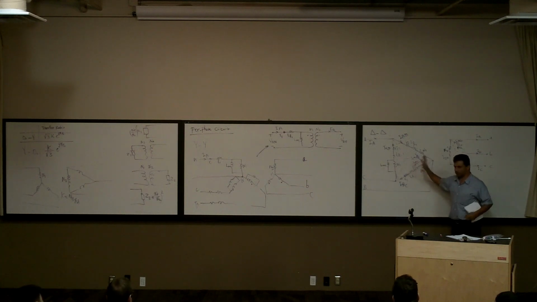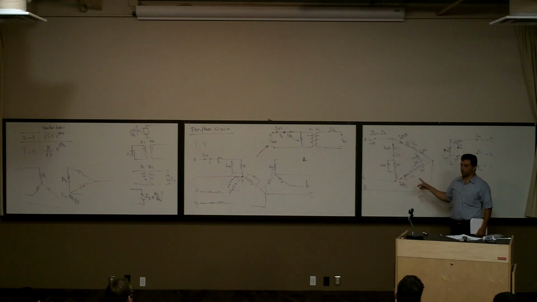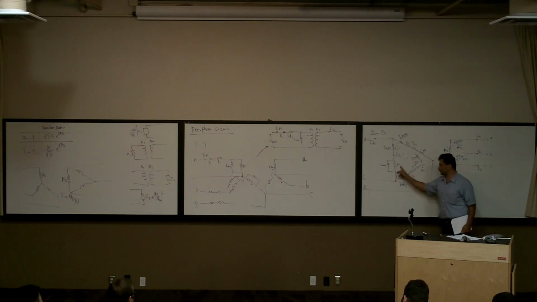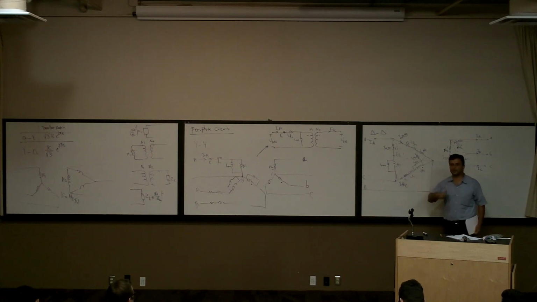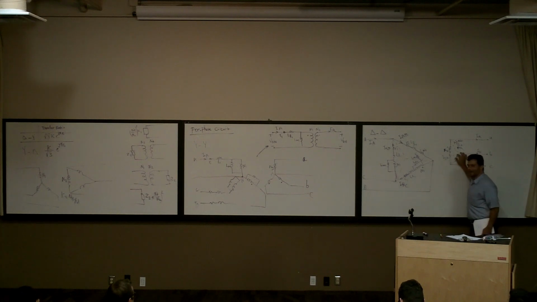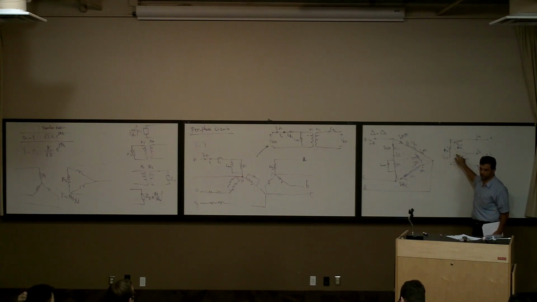So if here, for example, I don't know what's going to happen. For example, when I convert this one to the star, let's say this one is going to get N1 over the square root of 3, right? Because this N somehow represents the voltage, right? The same thing is going to happen here. No impedance, but here also N2 is going to get divided by the square root of 3.